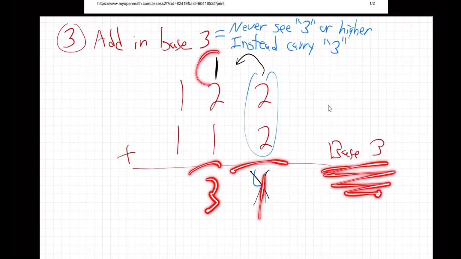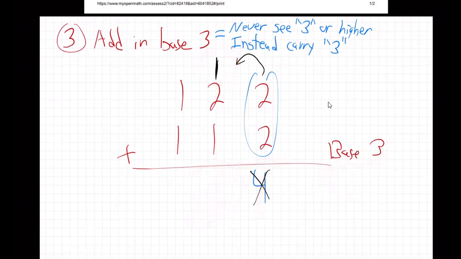So when you carried that 1 to the next column, you really carried 3, because that's how the place value system works. So that means I need to subtract 3. I carried away 3. So that only leaves 1 here, doesn't it?